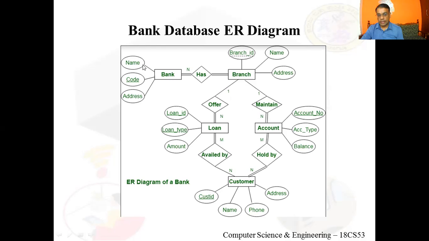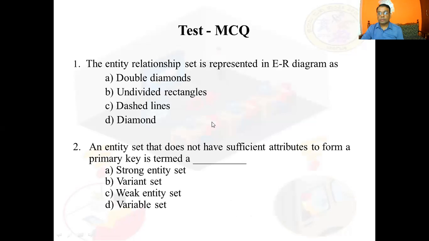So this is entity, attribute, relationship type, partial key, primary key, key attribute. This is partial key. Identifying relationship type is this one. These are the cardinality ratios.